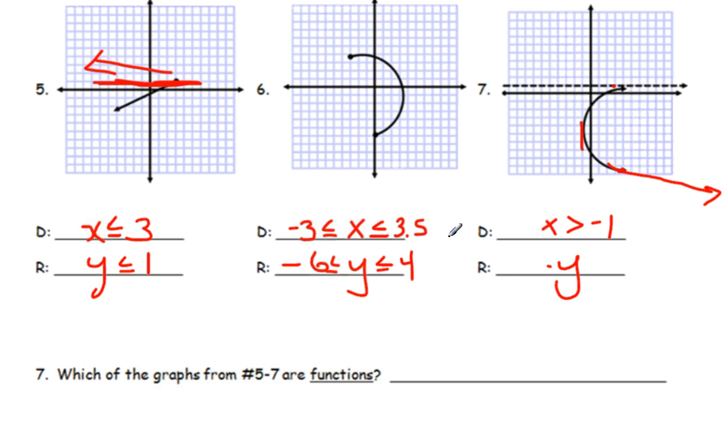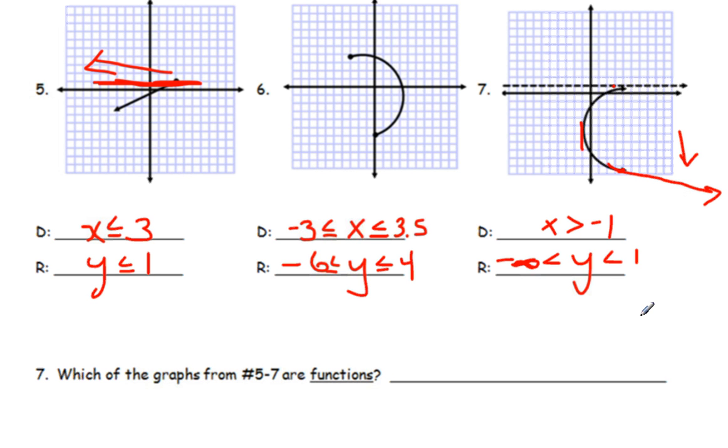Ooh, big eraser. 1. So 1 is this, oh, why am I doing that? It's the other way around. The largest value is 1. So y is going to be less than 1, and it's going to go down to infinity. So it's greater than negative infinity. A little confusion there on my part, sorry.